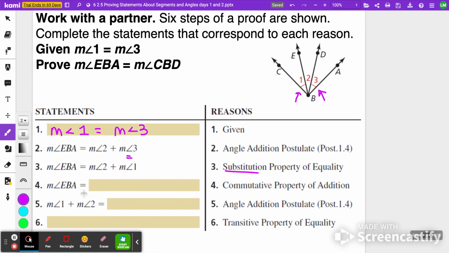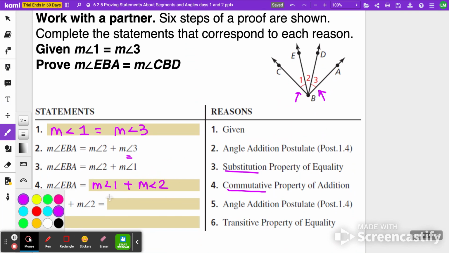So the next part says the measure of angle EBA could also be blank, and it says we want to use the commutative property of addition. That just means the measure of angle 1, we're just going to flip it around, kind of like the symmetric property, the measure of angle 1 plus the measure of angle 2.